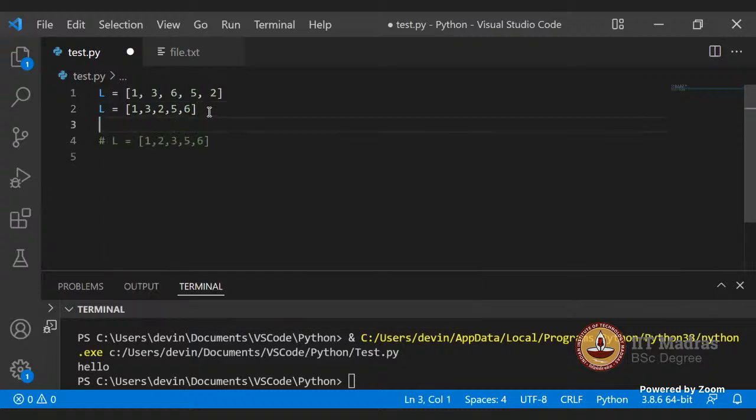Now we are returning L of minus 1, which is nothing but 6, plus the remaining elements, that is 1, 3, 2, 5, right? This is the first option, correct? Okay, right. So it's adding the largest element in the beginning of the list.